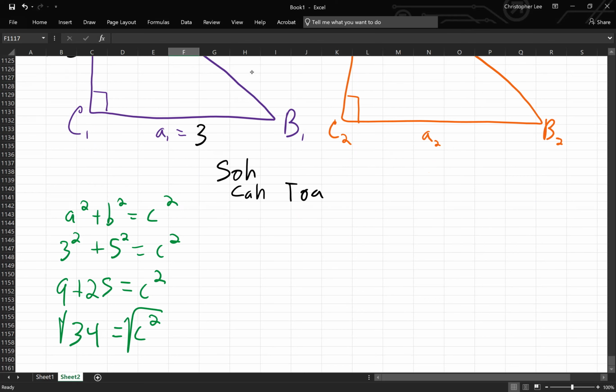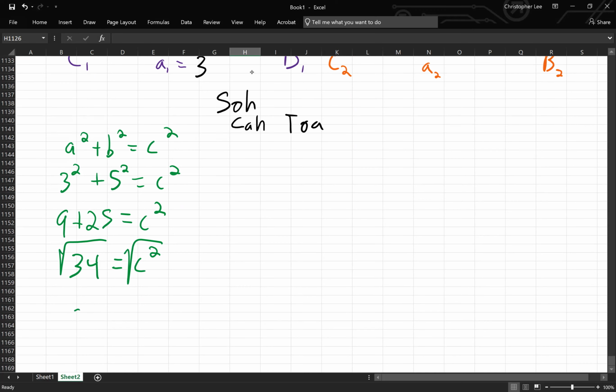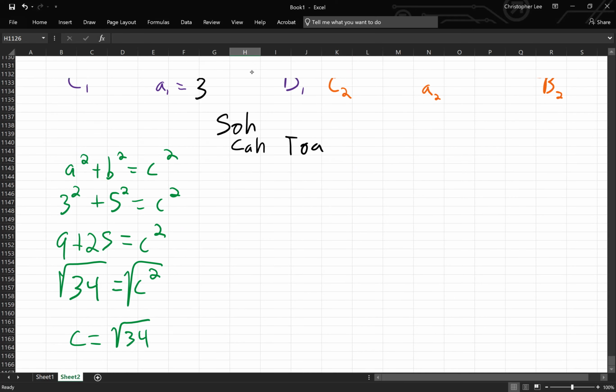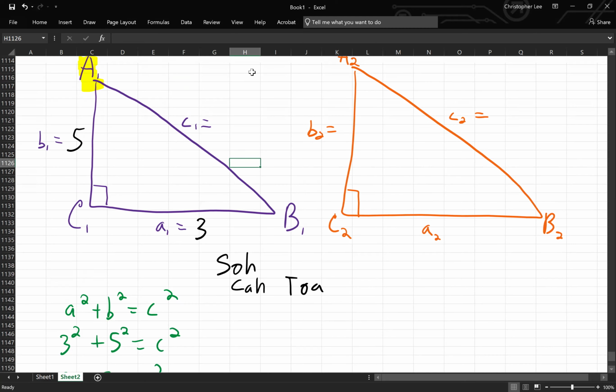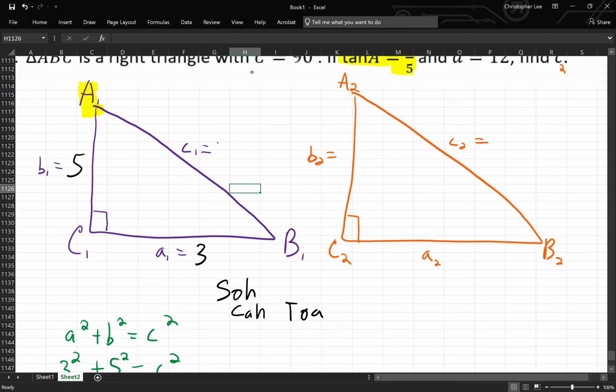Then you want to square root both sides. So C is equal to square root 34. That being said, C1 is square root 34.